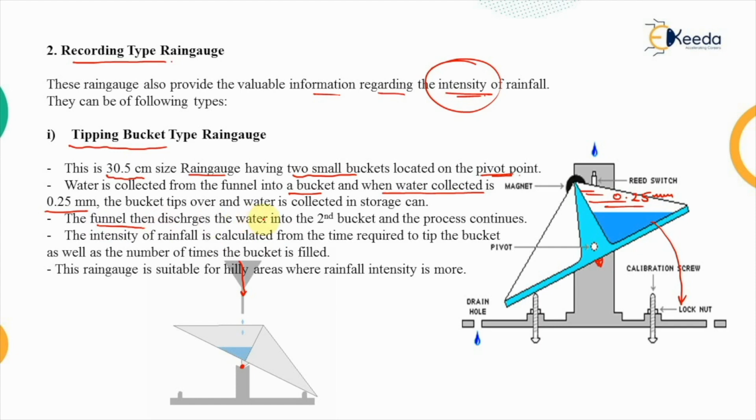So the funnel then discharges the water into the second bucket, and when it is filled with 0.25 millimeter depth, then it will also tip over. So in this way the process continues.